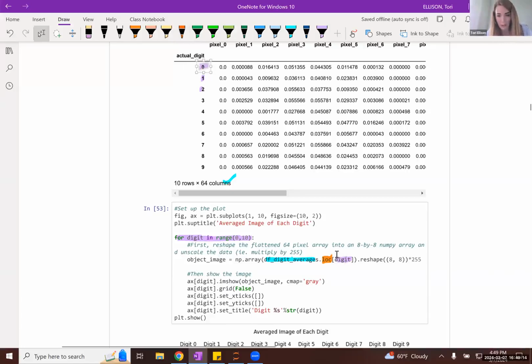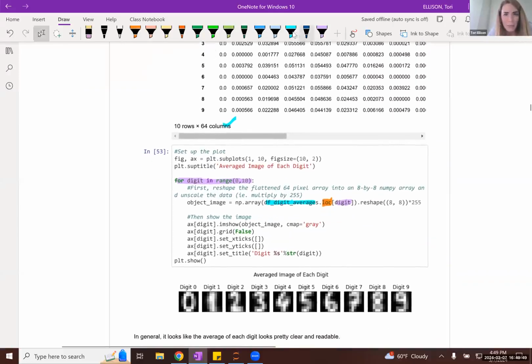So for instance, if this index here wasn't 9, if it was something like digit 9, then if I put digit 9 here, this is the row that it would look up. But basically, if I put a 9 here, it's going to look up this corresponding row from that data frame.